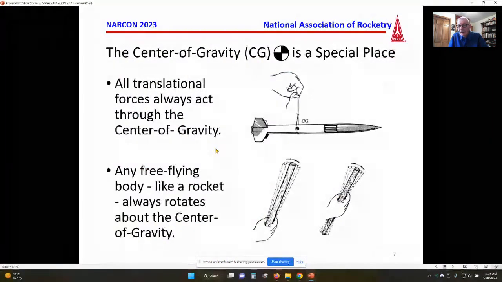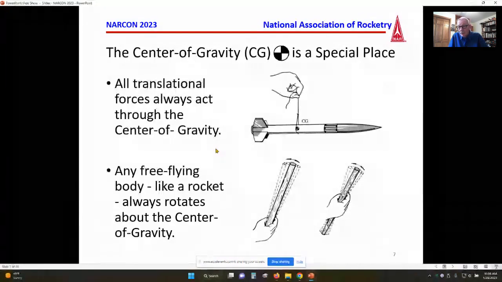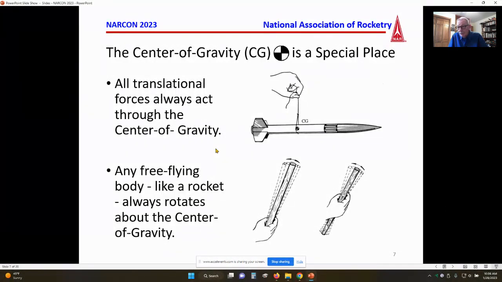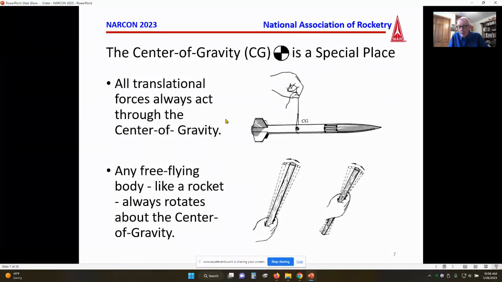Glad to hear it. Okay, so the mass is equally distributed on both sides of the center of gravity. That's also true in every direction. That is, forward and aft, front and back, or side to side. The CG basically balances right where all the mass appears to be, although the mass is actually distributed around the rocket.